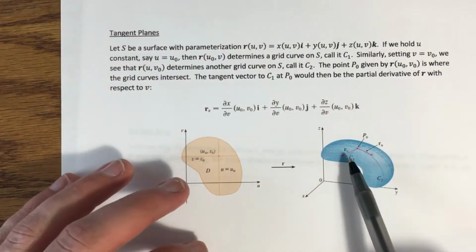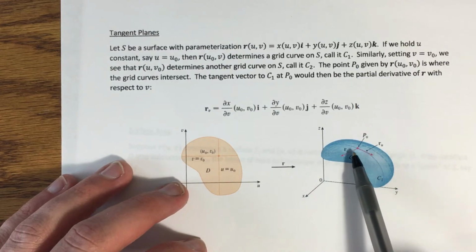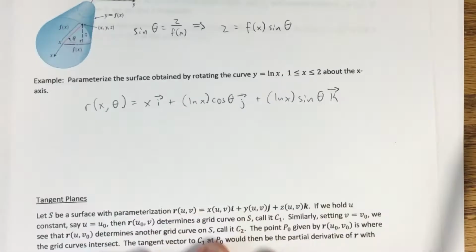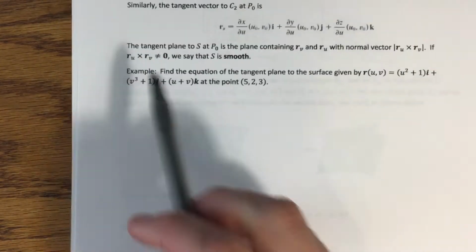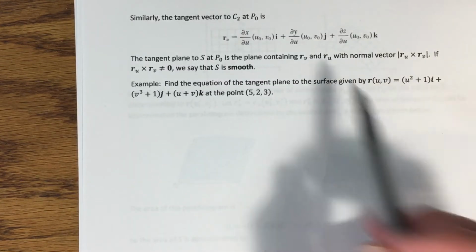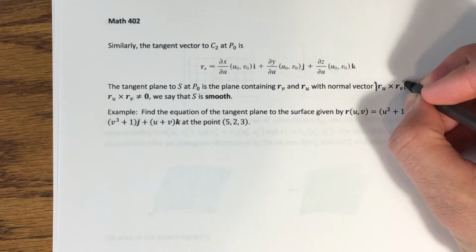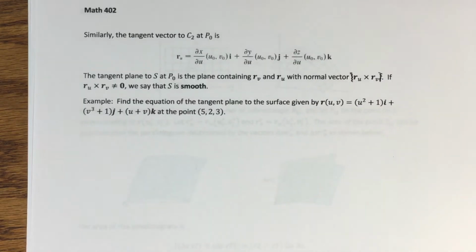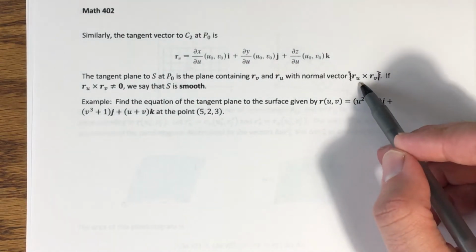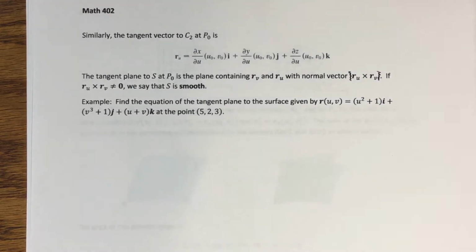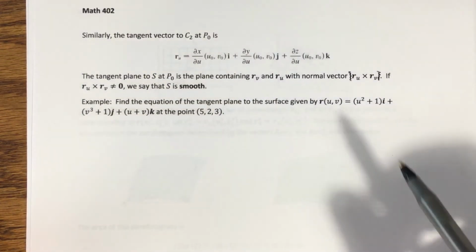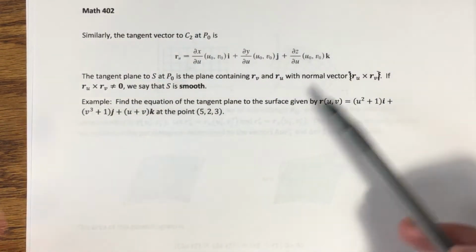We know that in order to do that, you compute a normal vector by taking the cross product of these two, which we describe here. This shouldn't include those magnitude or absolute value symbols. It's just r_u cross r_v. That's going to give me a normal vector, and then I find the equation of a plane using the usual method, the normal vector with the point that we were given.